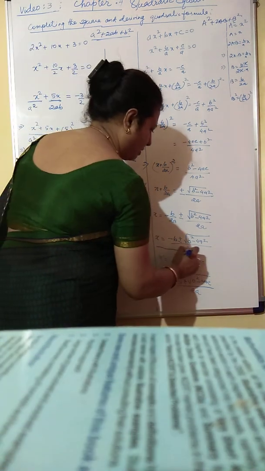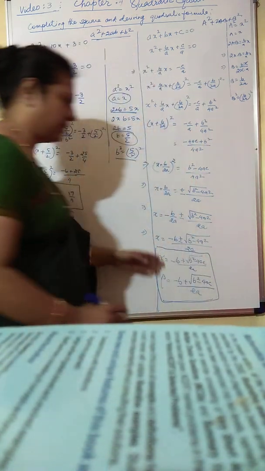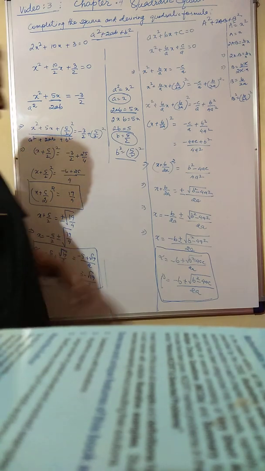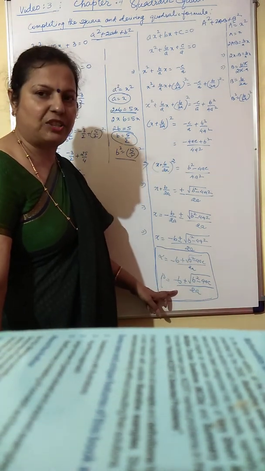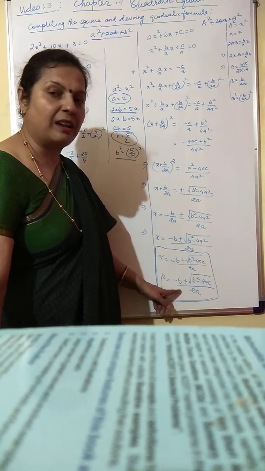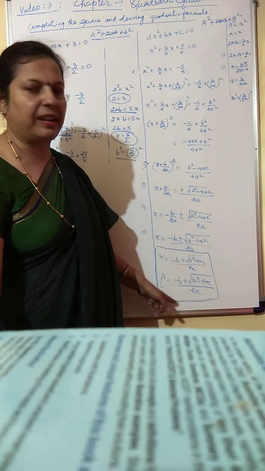So this is what is called the quadratic formula. The resulting expression which you get is called the quadratic formula. And you check something, that the entire RHS has only the coefficients of x and the constant term. It does not contain any variable.